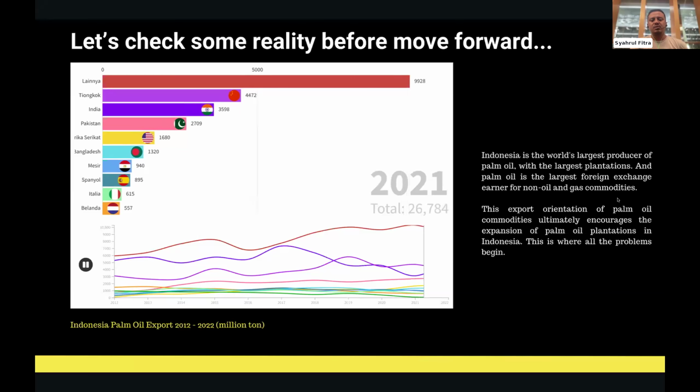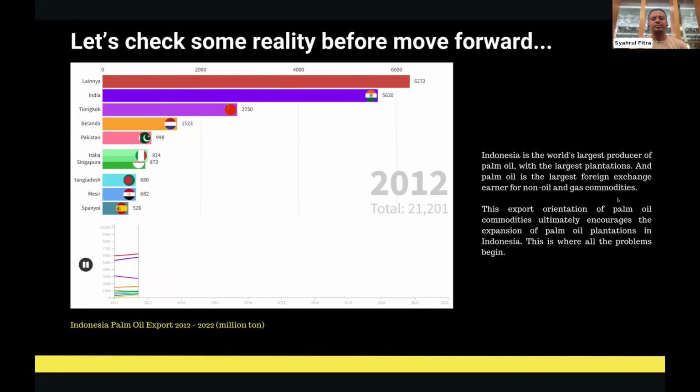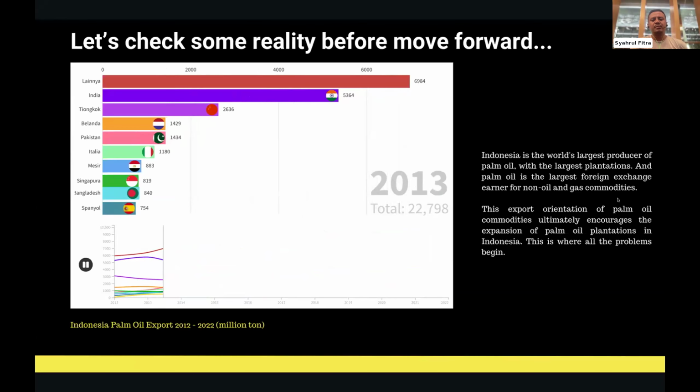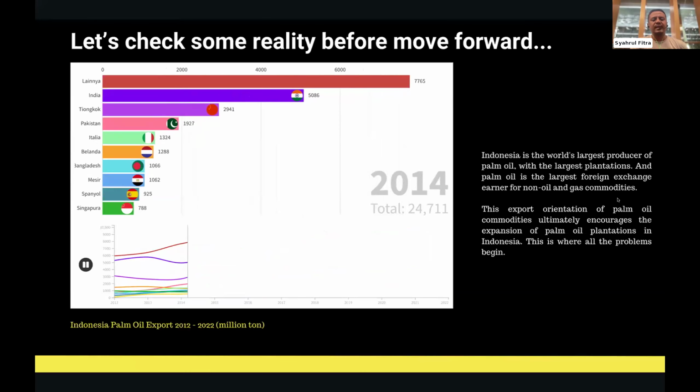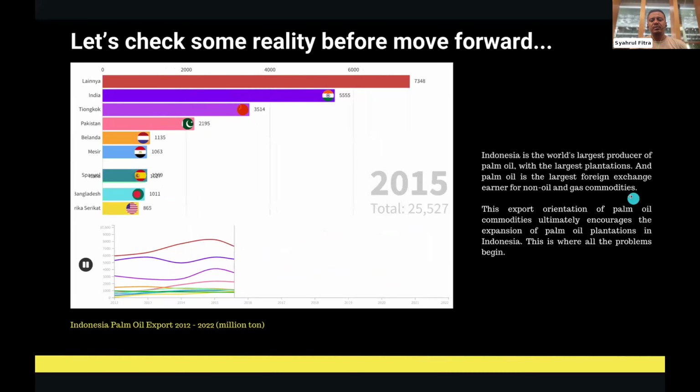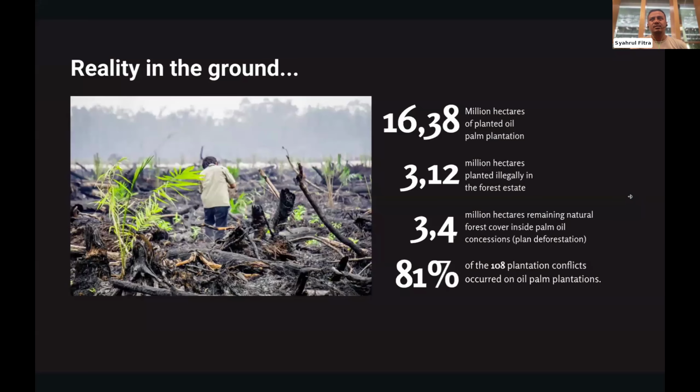But this is where the problem comes from, because the orientation toward export of this palm oil has been driving land expansion, and Indonesia has converted millions of hectares of forest to palm oil, and it affected not only people but also biodiversity, orangutan habitat. A lot of endemic species have been lost during the expansion of palm oil.